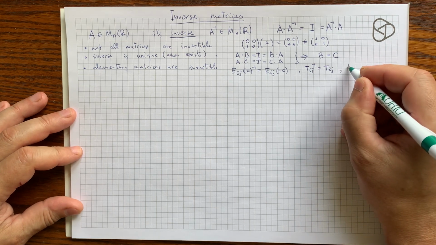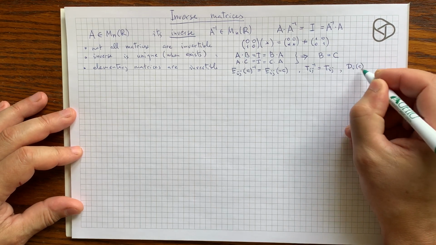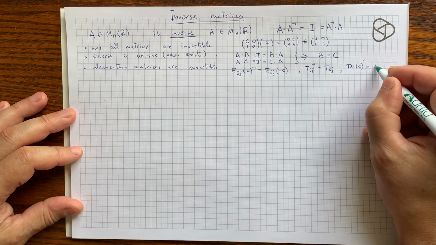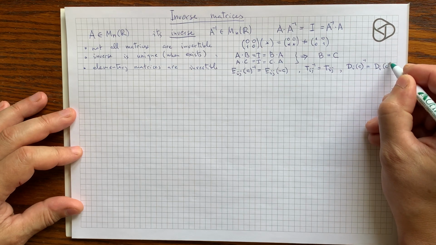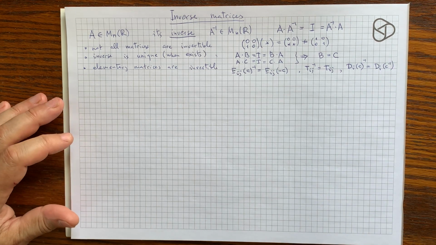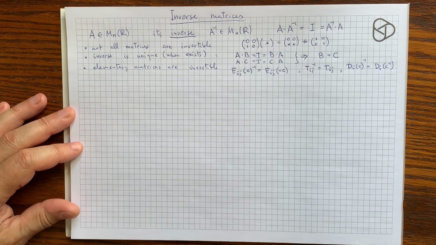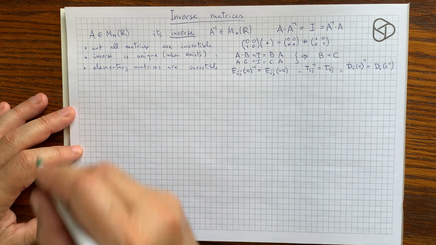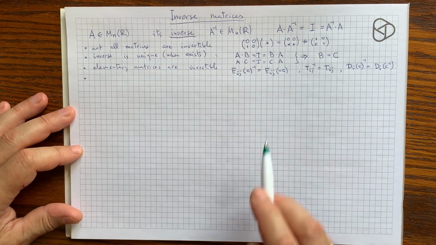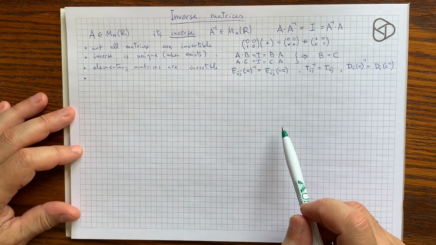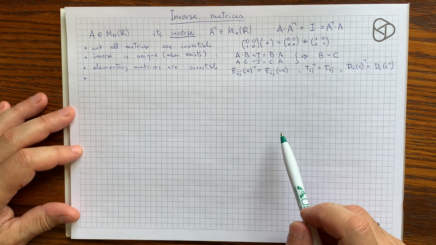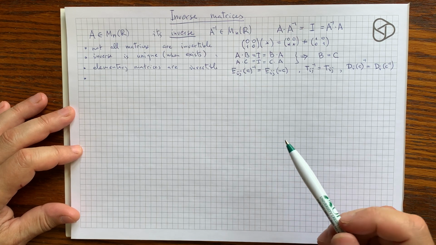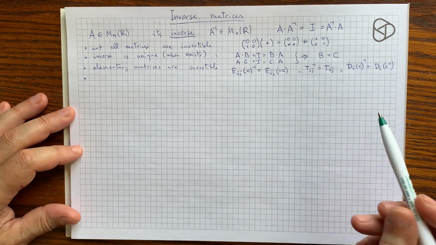And then scaling with coefficient C is undone by scaling with coefficient C inverse. C, for that very reason, is to be non-zero. So these are the basic examples of invertible matrices, and actually any invertible matrix is a product of those.